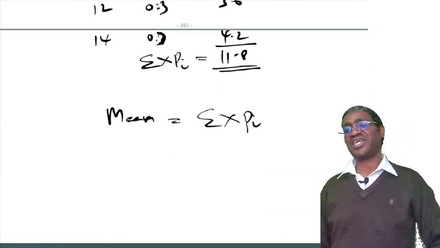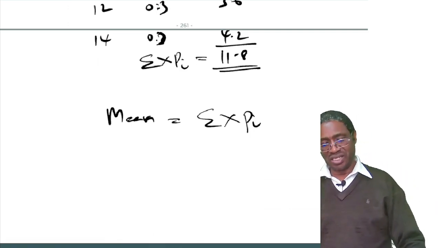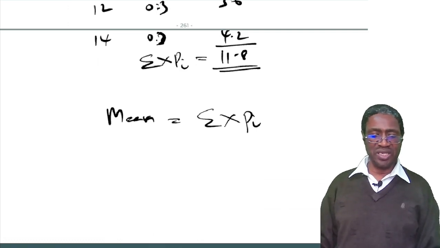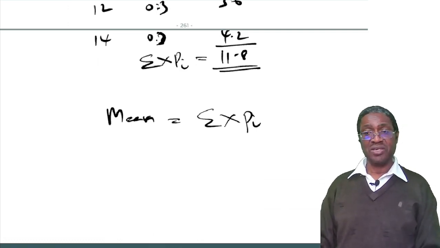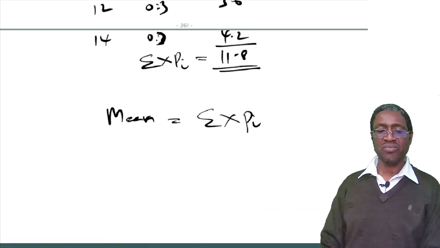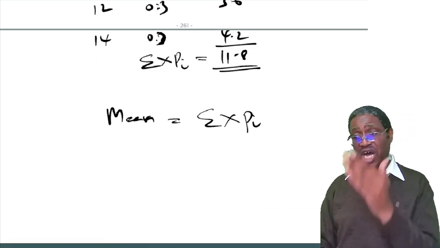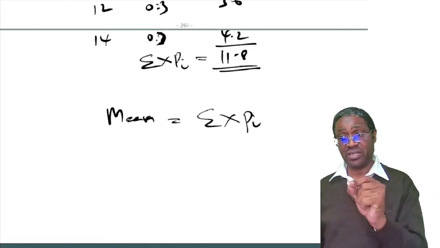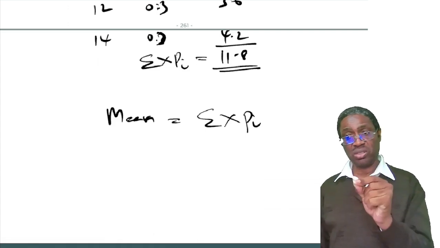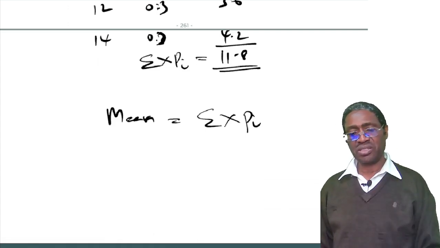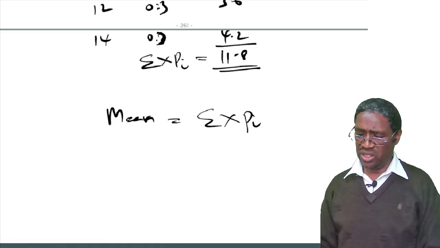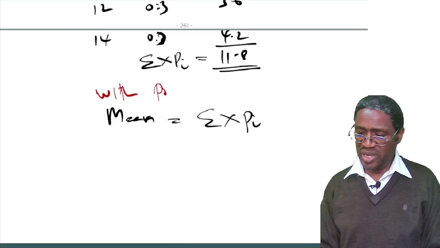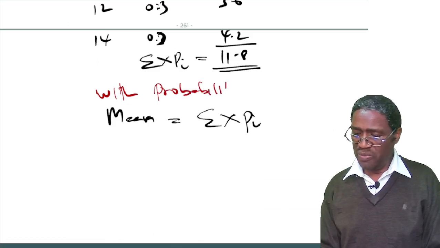Good. With that idea now, let's put down another subheading. Hope you have understood there. So, write the subheading: expected or average returns of a single security, with probability.